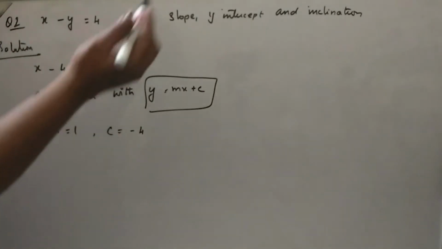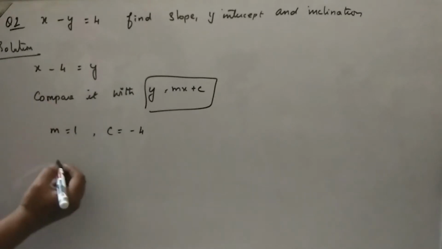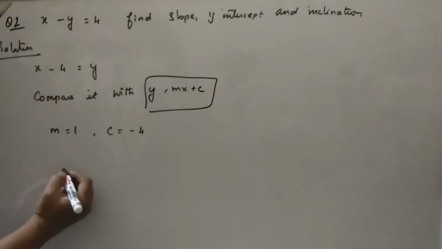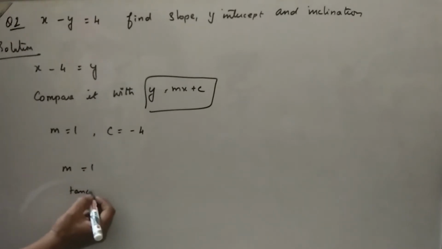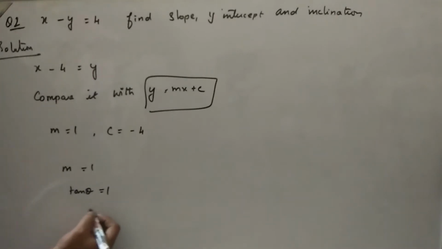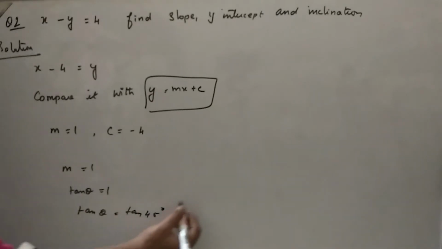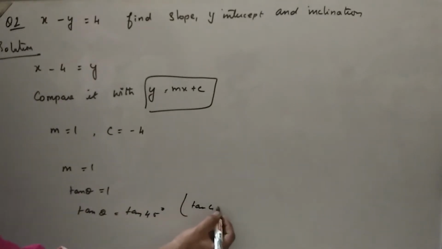Next, we have to find the angle. m is equal to 1. That is tan theta is equal to 1. Then tan theta is equal to tan 45, since tan 45 is 1. Okay.